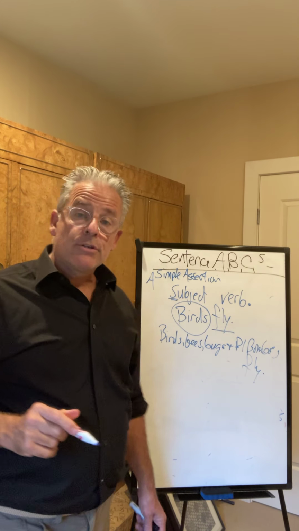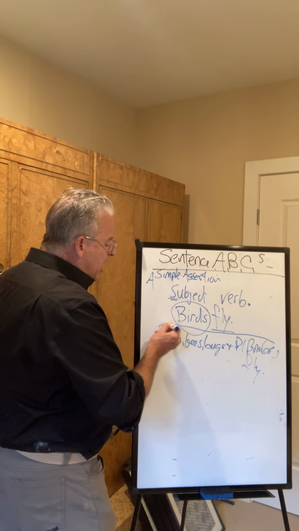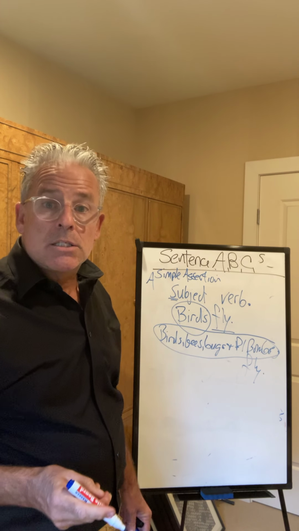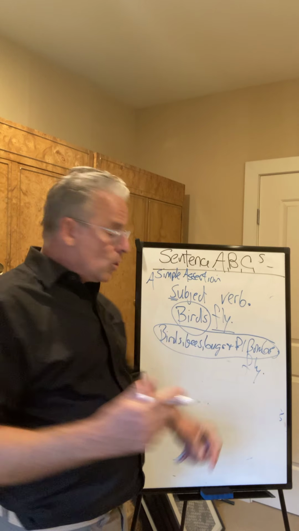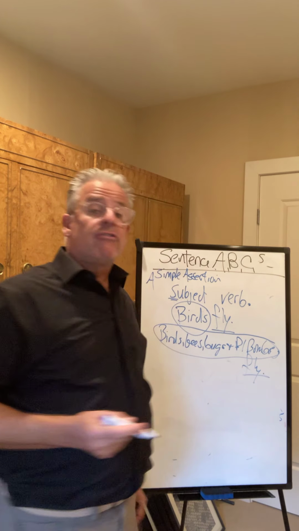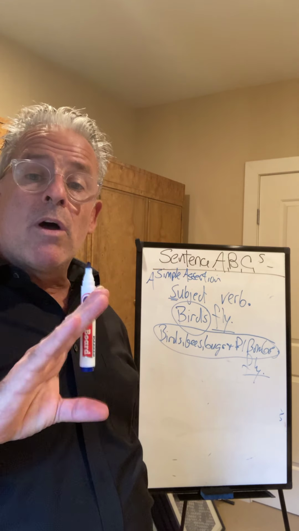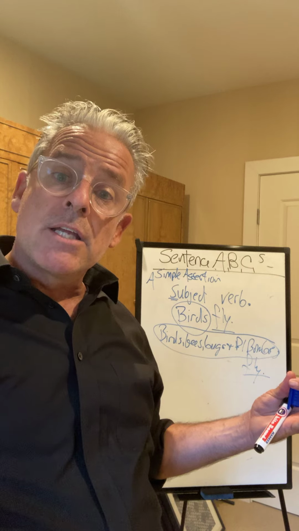Still a simple assertion. The subject is all the things. The birds and the bees and the bugs and the B-1 bombers. Those are the subject words. And what do they do? They fly. So it doesn't just have to be one word and one word. It can be a bunch of words in a subject.